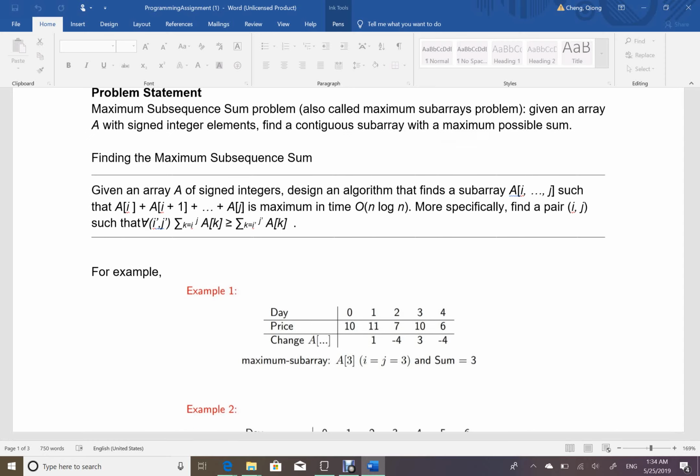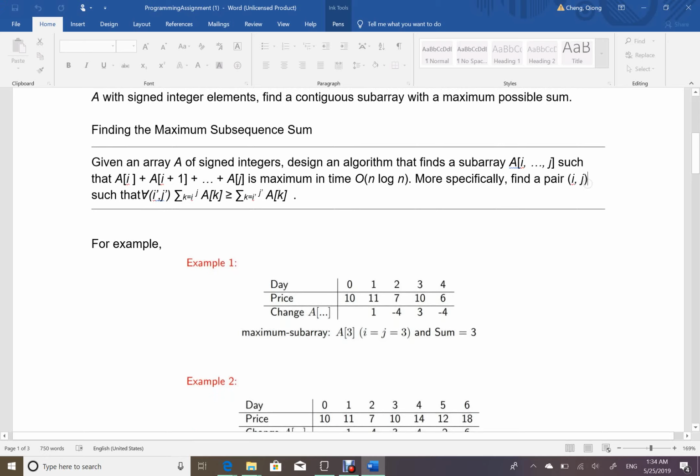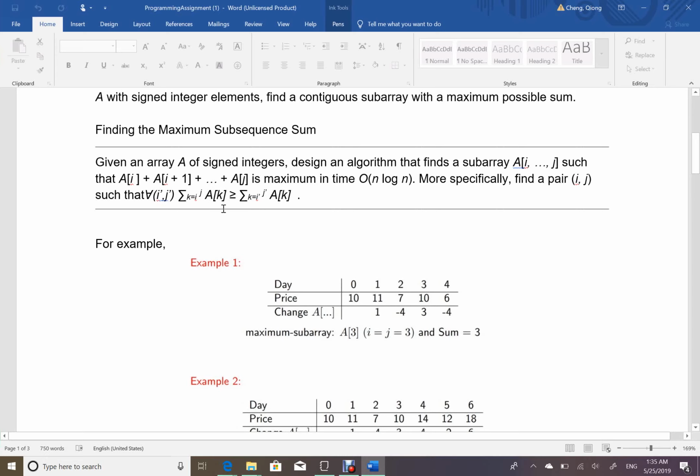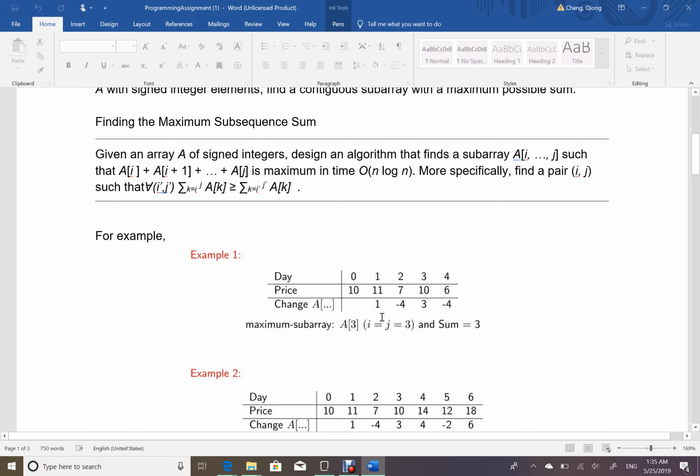More specifically, find a pair i and j such that for any other pair i prime and j prime, the sum of all the prices from i through j, the aggregated price difference, is greater than any other aggregated price difference. Here, we assume A_i through A_j are each numbers, which is the price difference compared to the previous day.